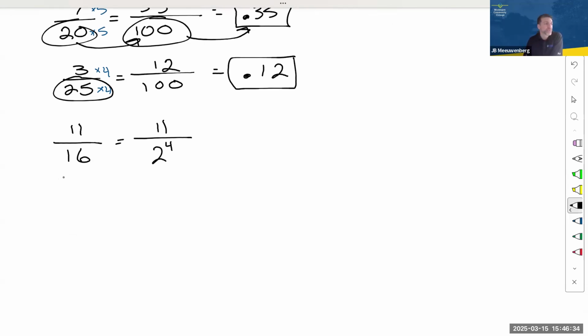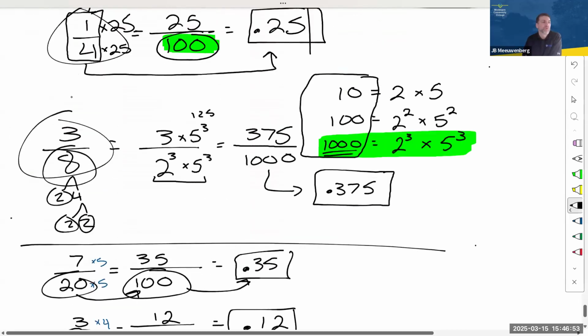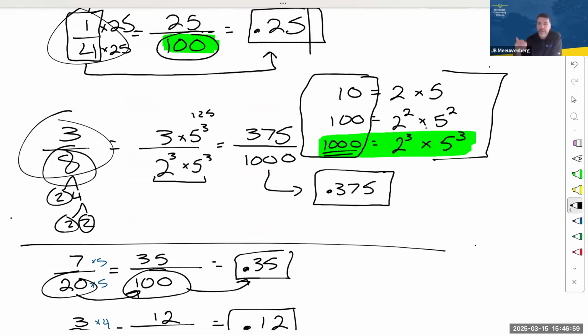If you want to try it out, do your factor tree, and you will find that it's 2 times 2 times 2 times 2. So do you remember what we might do here if we want to change this into a power of 10? We have to have an equal number of 2s and 5s. Recall from this example right here. For every 2, there's going to be a 5 that balances it out to create a 10.